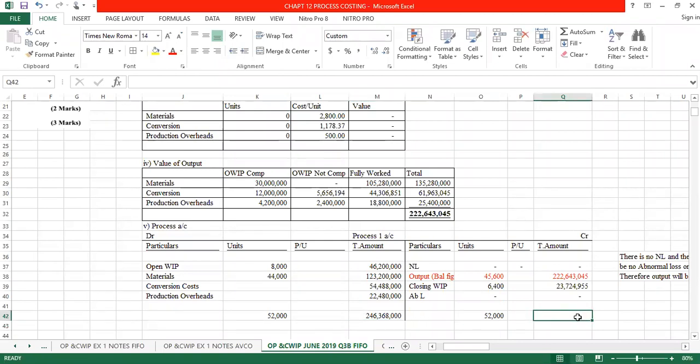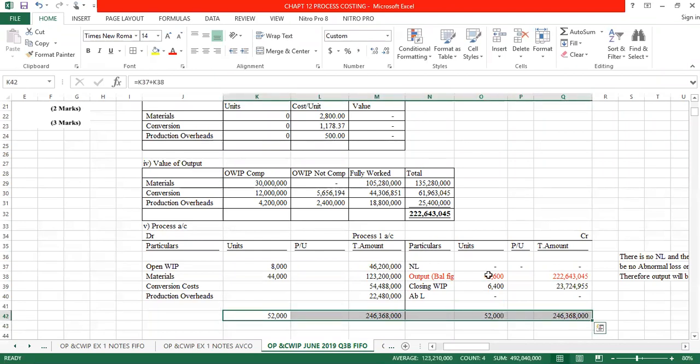I hope it will balance. It equals that plus that plus that plus that. Has it balanced? Yes, it has balanced. So you are remaining now just to practice. I've given you two examples, one example in the notes and one past paper question.